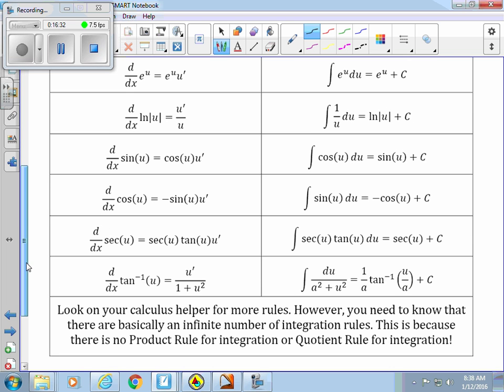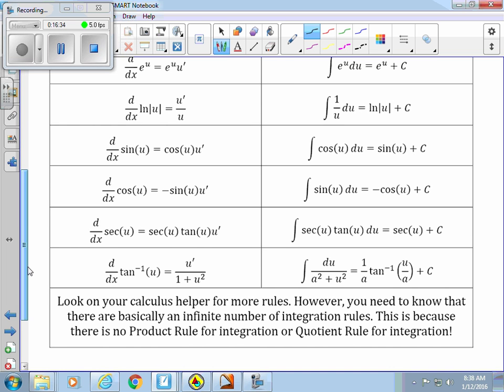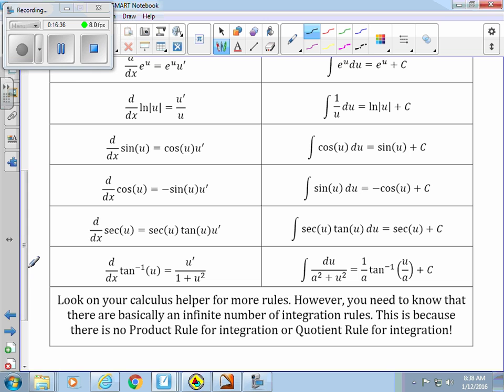Is everyone okay with e to the u? The derivative of sine of u is cosine of u, then the antiderivative of cosine of u is sine of u. Right? What am I asking myself when I answer the question on the right?